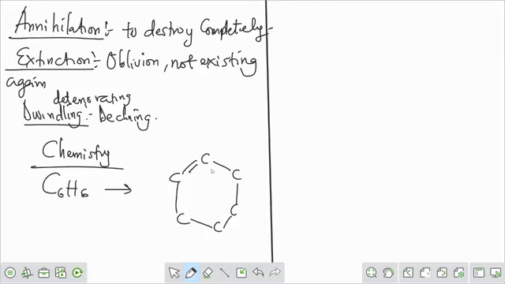Don't forget, you keep putting one hydrogen on each carbon until you reach 6. It fills all of them. So this is just benzene for you, and you can also draw it like this. So either way.